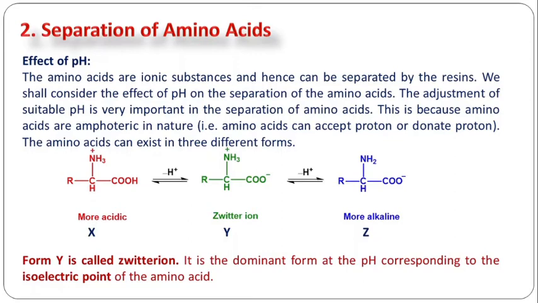That form is called the Y form, or the zwitterion form. So at a particular pH this form is present, and that particular pH is called the isoelectric point of that particular amino acid. So this is the characteristic property of each amino acid. This pH is different for all amino acids.